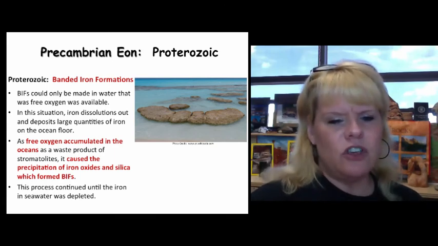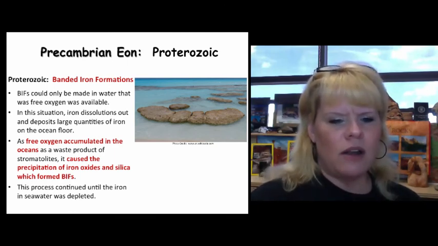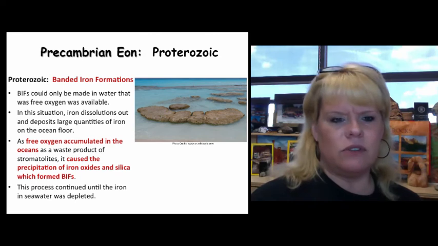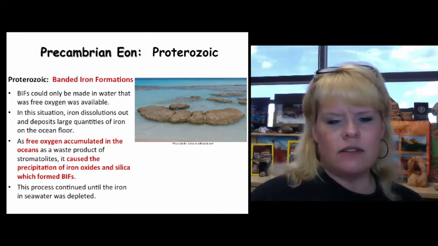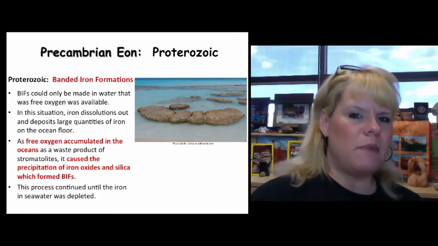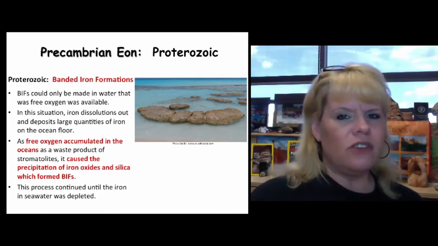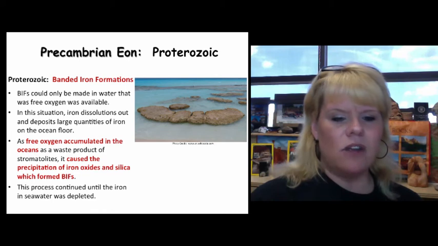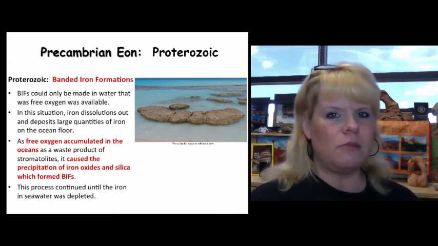So as free oxygen accumulates in the oceans, a waste product of stromatolites, which is exactly what happens today, it caused the precipitation of oxides and silica, which then form banded iron formations. This is going to continue until the iron in seawater is 100% depleted.